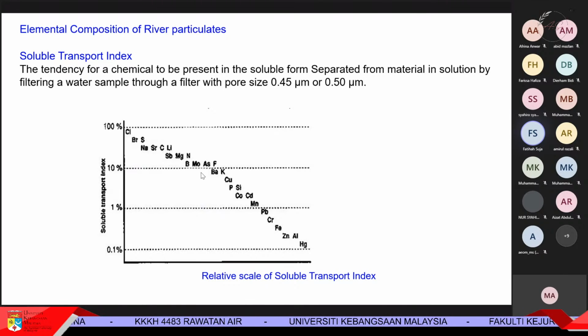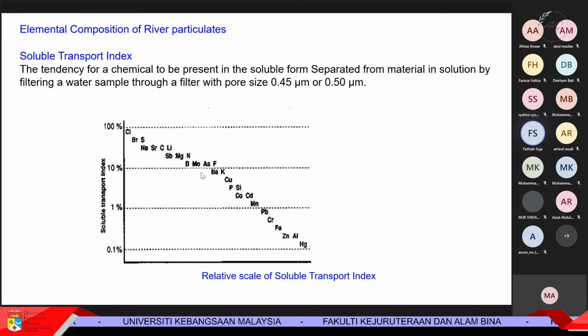So this is the soluble transport index of chemicals, meaning that if they have a very high soluble transport index, then in the tropical rivers and in the cold rivers, they will have different concentrations. But with chemicals with a lower soluble transport index, when you see the rivers in tropical climate or in cold climate, usually they have about the same concentration of these chemicals.